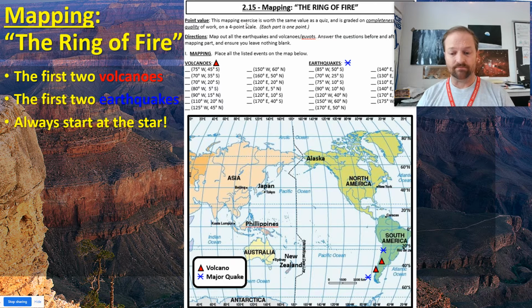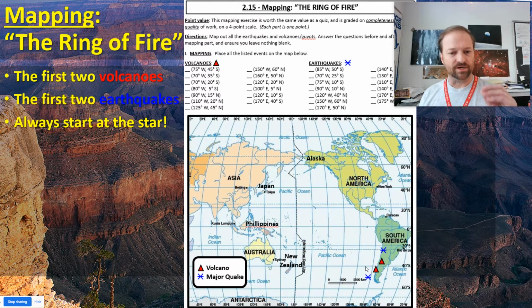On your example, 4 of them have already been marked. Take a look at South America. 2 volcanoes, 2 earthquakes. These are the first 2 of the volcanoes list. You can see I'm floating my mouse over them here in the video. Those are the first 2 red triangles that you see down on South America. Then over here, the first 2 earthquakes, also marked here in South America.